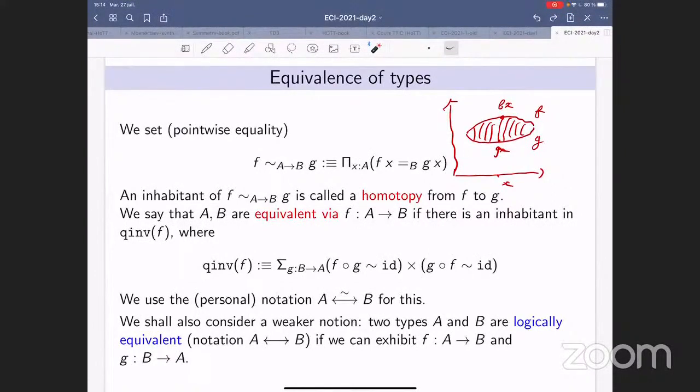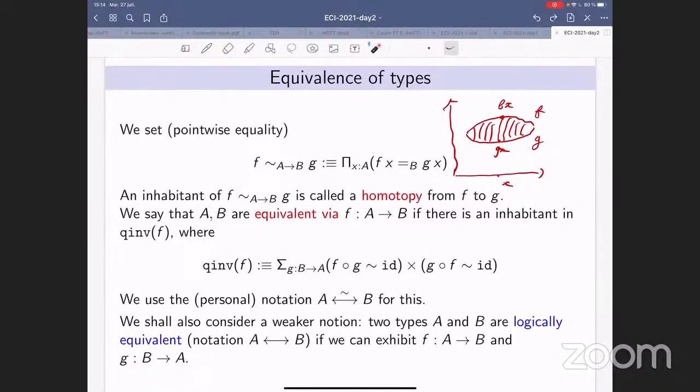So what this says essentially is that, up to propositional equality, f has an inverse, which is both a left inverse and a right inverse. In usual set theory, if you have two sets, when do you say that these sets are equivalent?